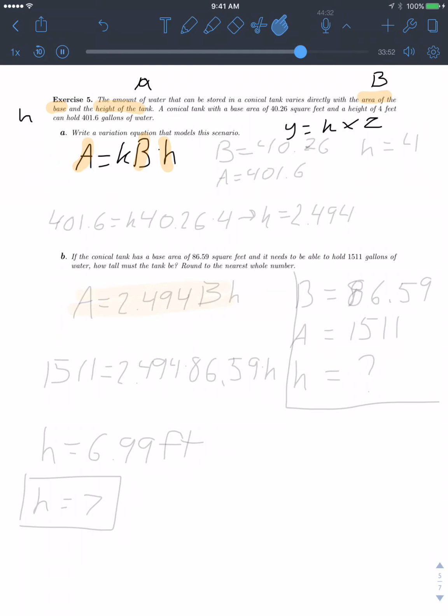Now, we're not quite done. We still need to find the constant of variation, but we're told some additional information. We're told that the tank has a base of 40.26 square feet, so B equals 40.26, and I'll omit the units here for space considerations, and a height of 4 feet, then we'll get a volume, an amount of water, of 401.6.